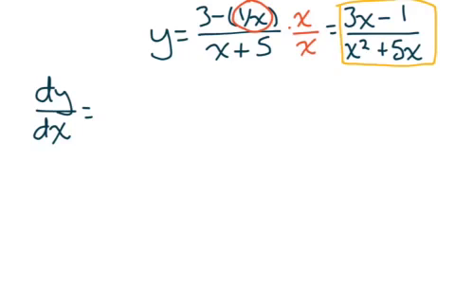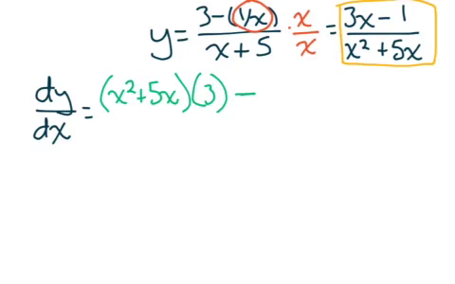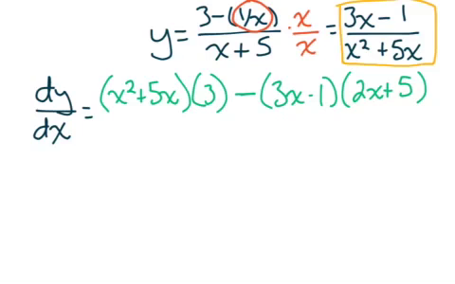So once again, we just go ahead and we say low, x squared plus 5x. D high is just 3, the derivative of 3x is 3, and the derivative of minus 1 is 0, minus high, 3x minus 1. D low, we get 2x plus 5 for the derivative of x squared plus 5x.